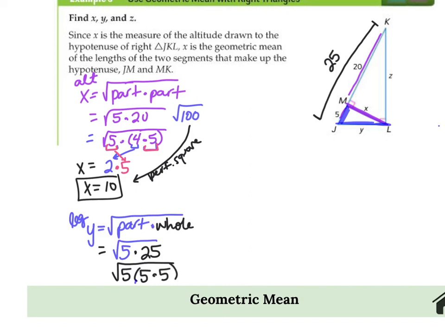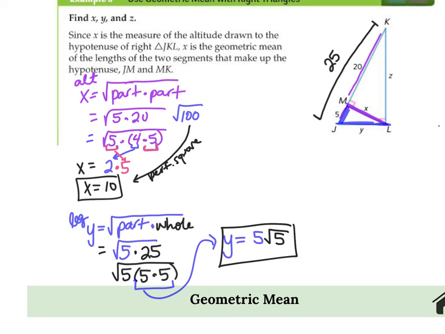So now when we simplify down, y equals that 5, because the perfect square of 25 comes out, and then we're just left with the radical 5 because that can't simplify anymore. The square root of 25 is 5, and the square root of 5 I couldn't reduce, so that stays as is.